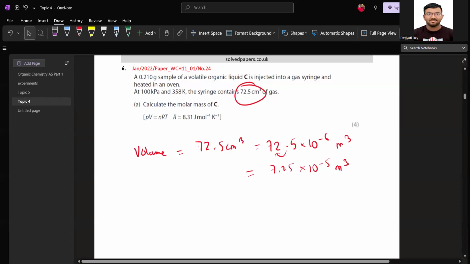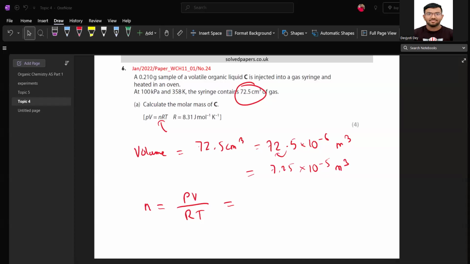Now we are told to find the molar mass, and we know that n represents the number of moles. So for that, we need to find the number of moles. We use PV over RT, so you just plug in all the values and you get your n value. We have 100 kilopascal, so you multiply 100 by 1000 to convert it into pascals.